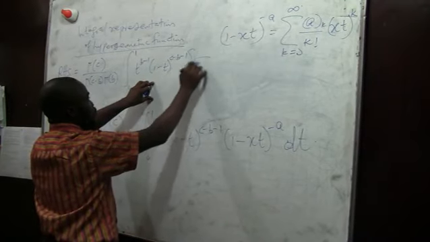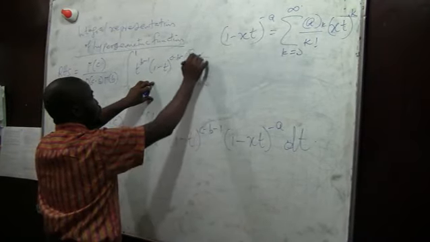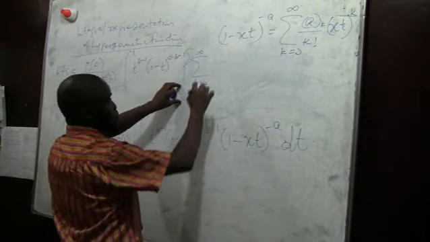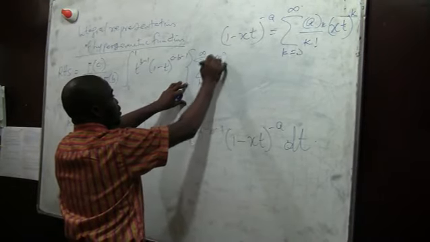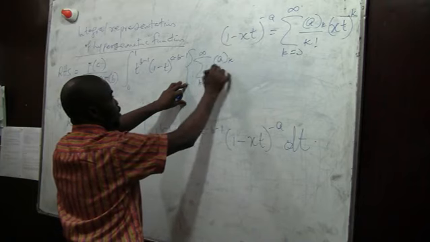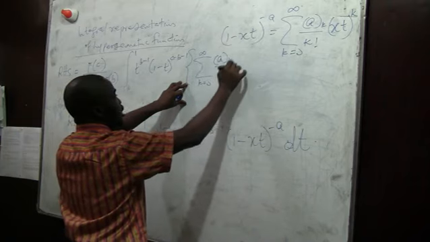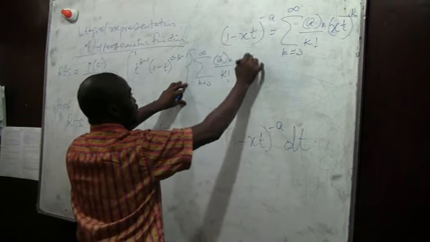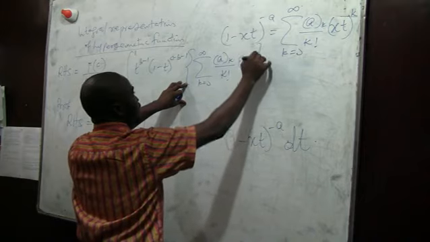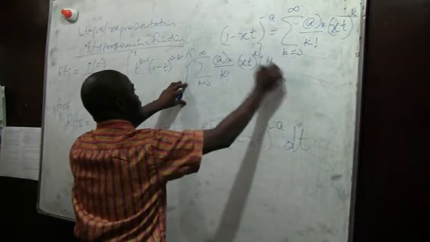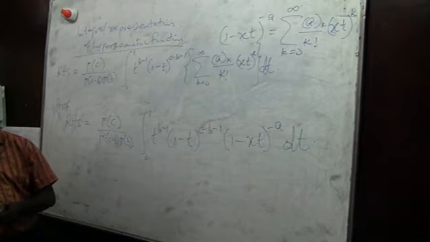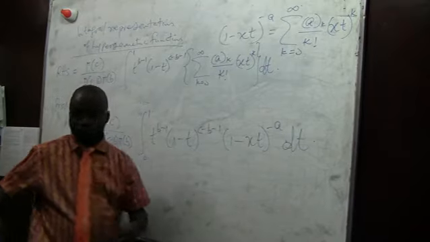Then I have the summation, k from 0 to infinity, of a sub k over k factorial, xt raised to the power k, then dt.